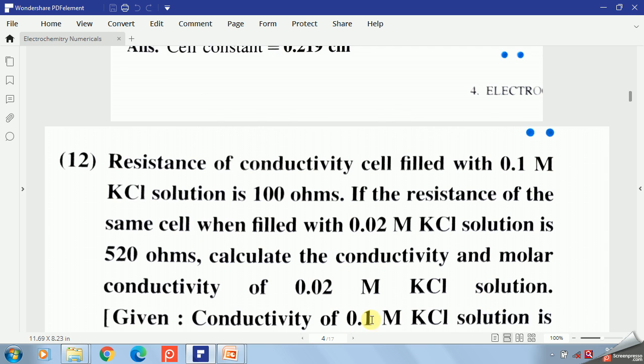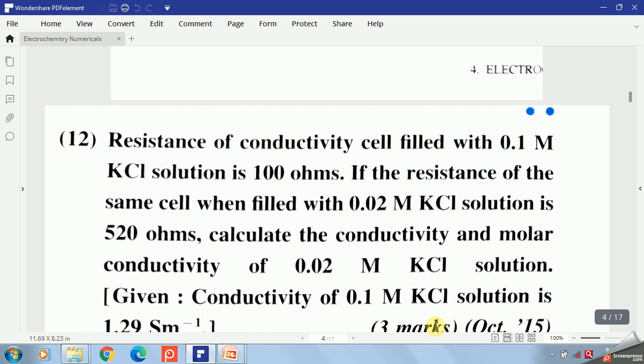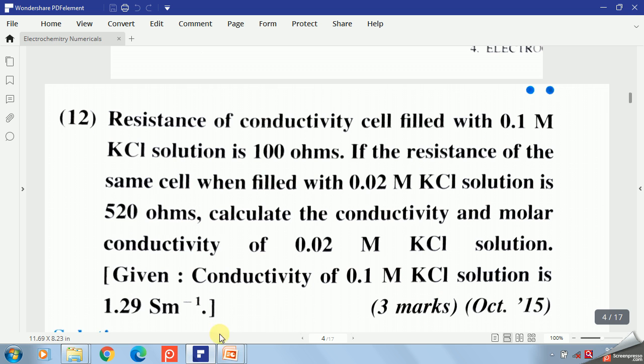What is the given thing? Conductivity of 0.1 molar KCl solution is 1.29 Siemens meter inverse. This numerical was asked in October 15 for 3 marks.